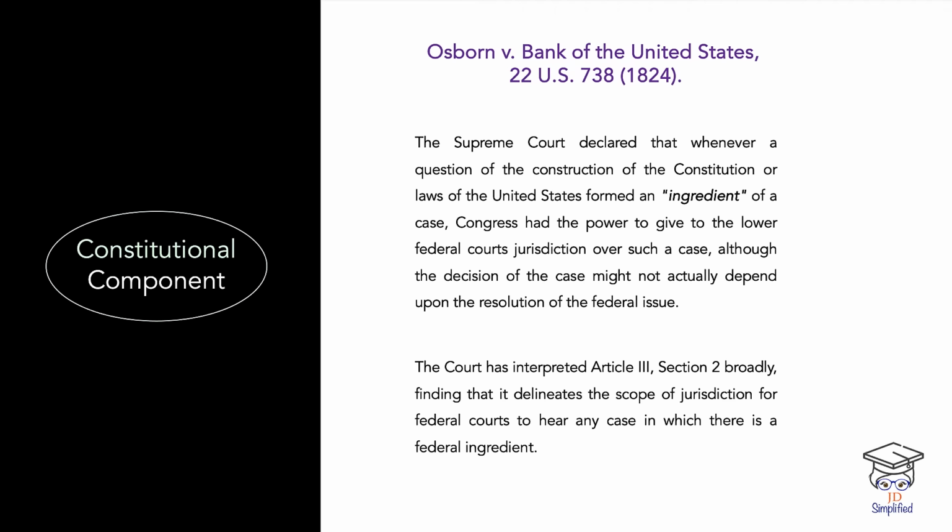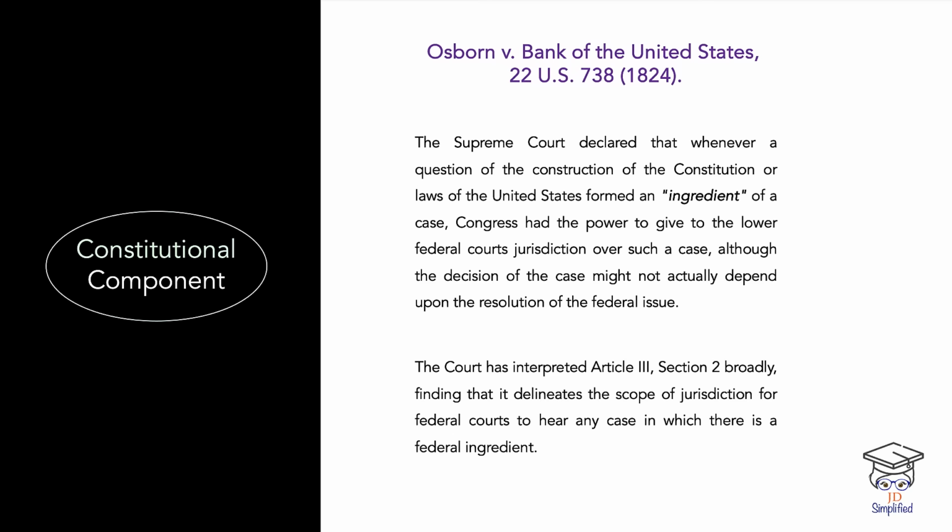The federal ingredient test for the constitutional component of the analysis comes from Osborne v. Bank of the United States. In this case, the Supreme Court declared that whenever a question of the construction of the Constitution or laws of the United States formed an ingredient of the case, Congress had the power to give the lower federal courts jurisdiction over such a case.